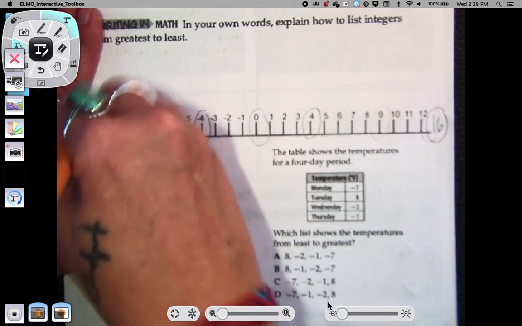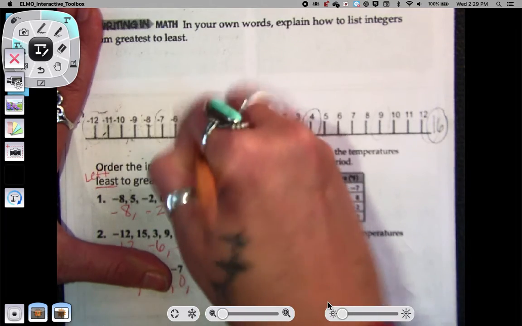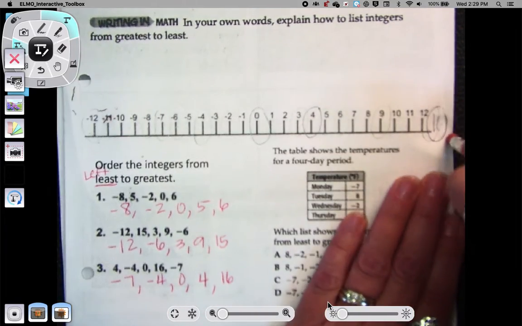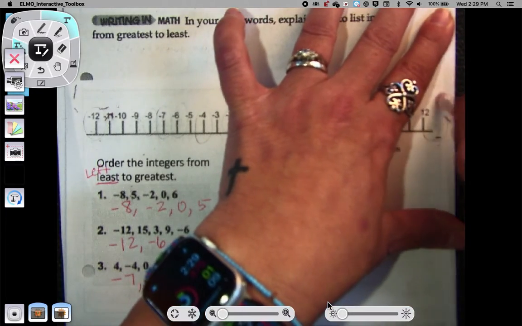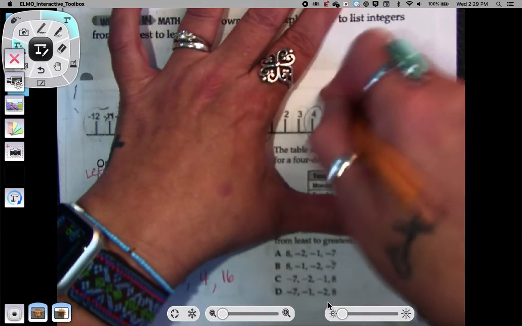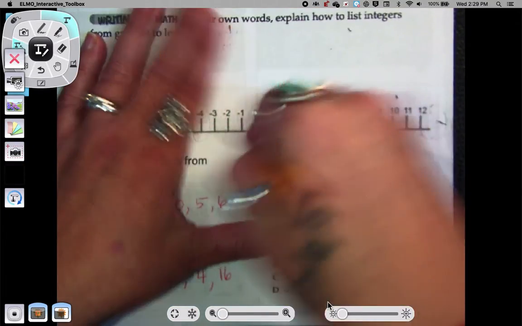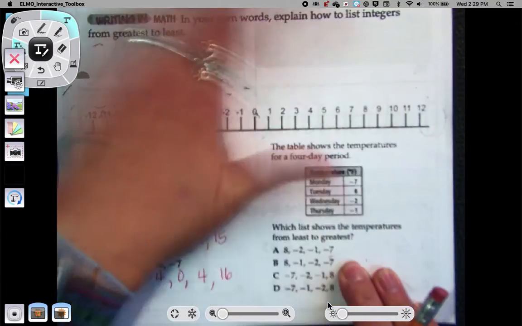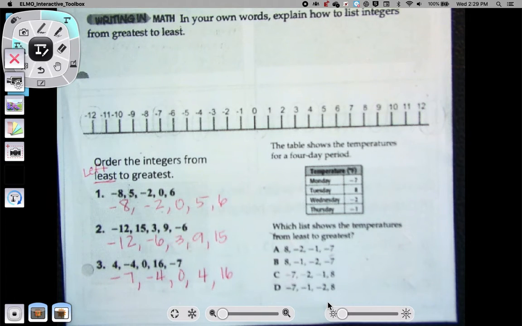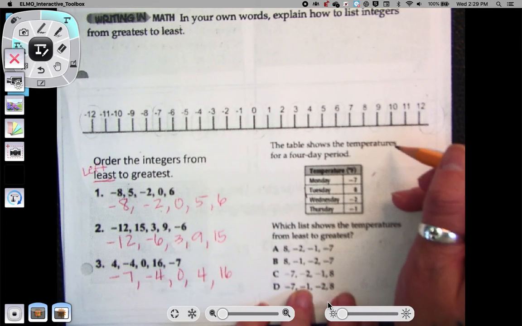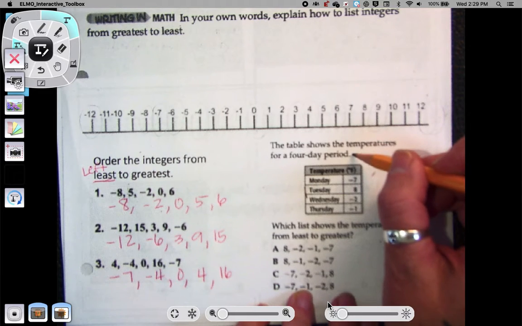And for the last problem here, it says the table shows the temperatures for a 4-day period.